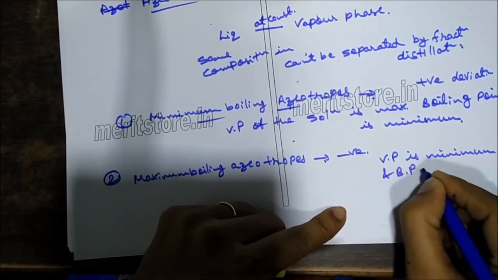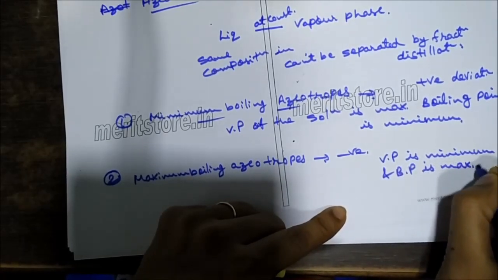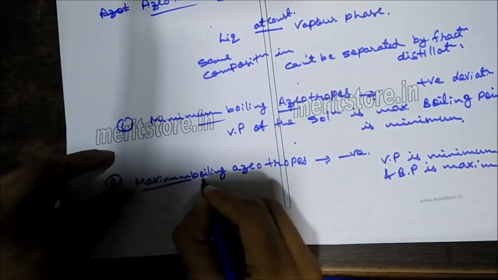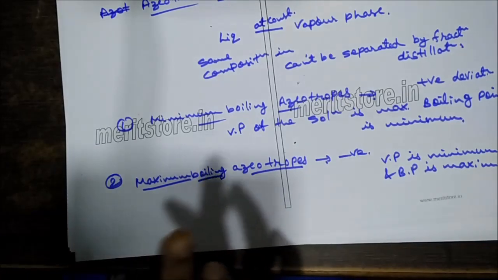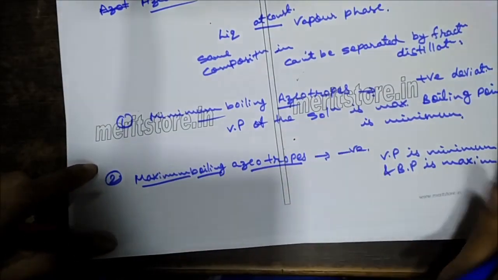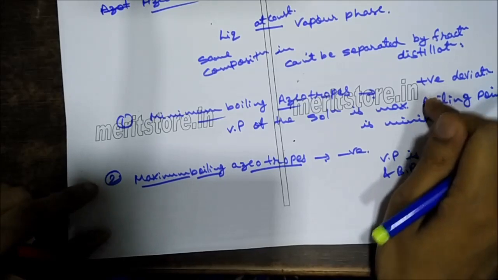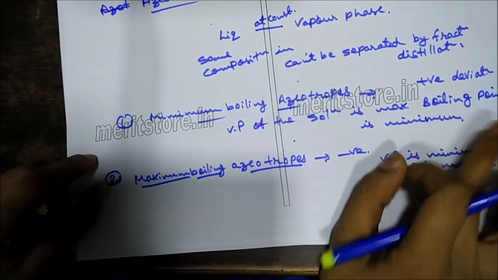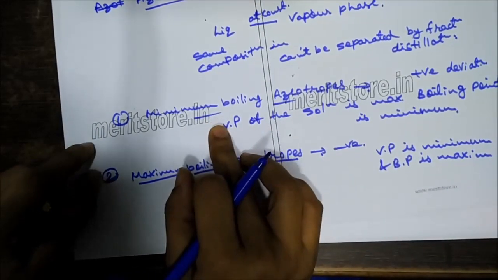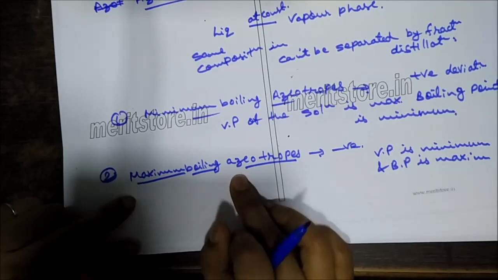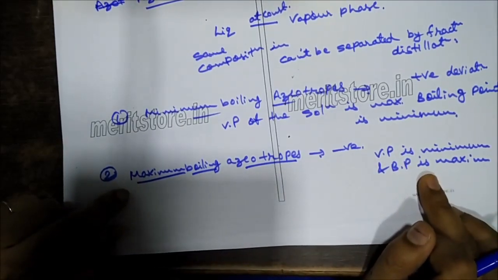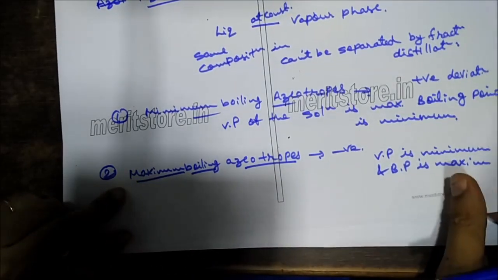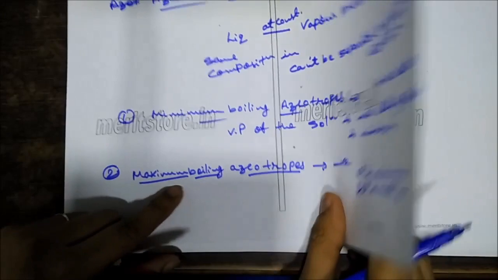So these are called maximum boiling azeotropes. So for the solutions with positive deviation, vapor pressure of the solution is maximum and hence the boiling point is minimum. So these are called minimum boiling azeotropes. While in maximum boiling azeotropes, vapor pressure is minimum for those intermediates and the boiling point is maximum. So these are called maximum boiling azeotropes.